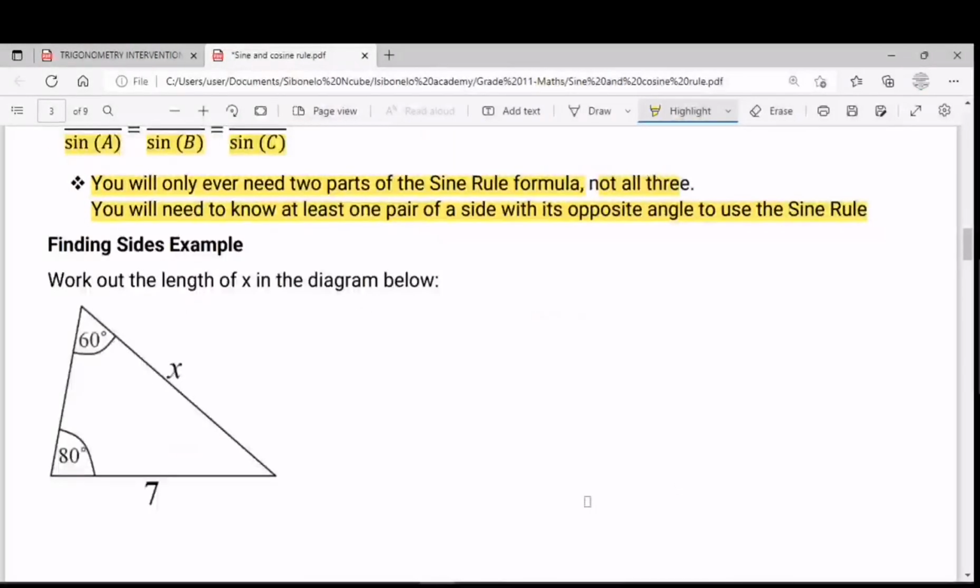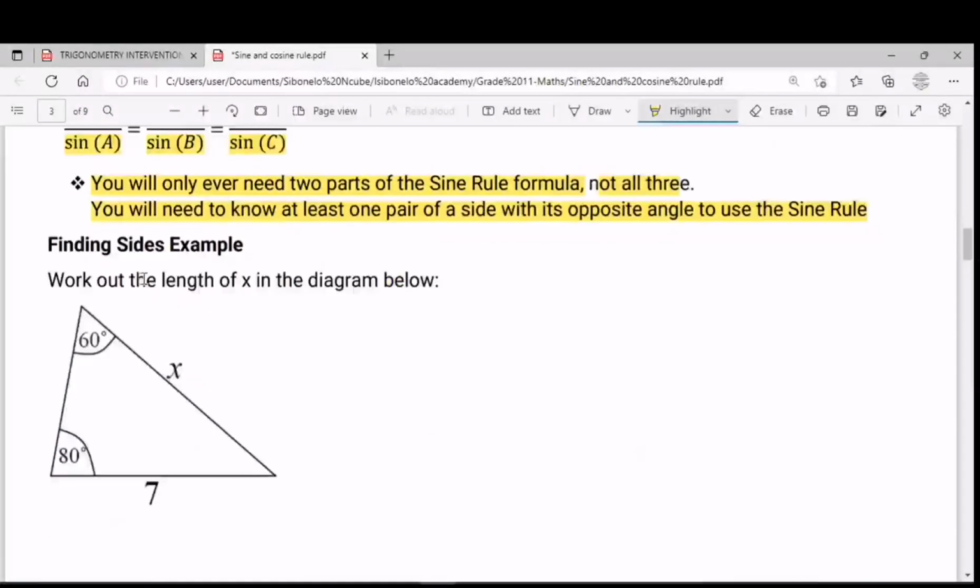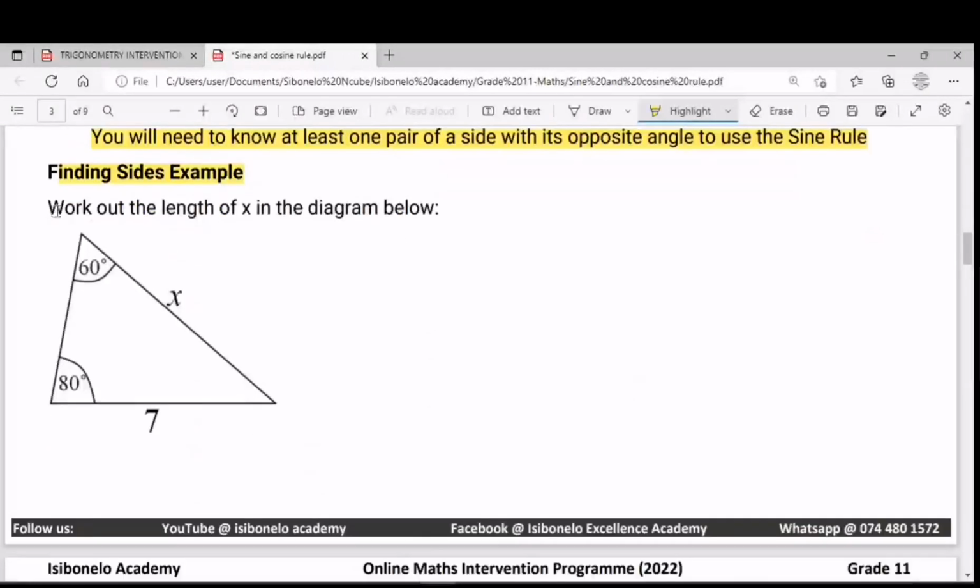So let's use an example to show everything we have explained above. Finding a side example. Work out the length of x in the diagram below.